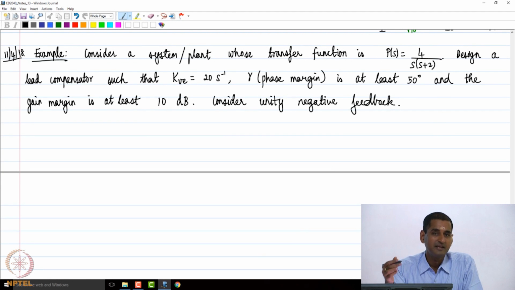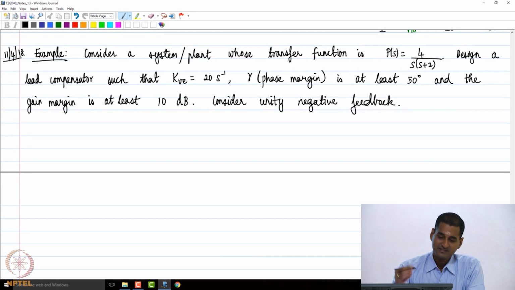Here KVE is the static velocity error constant. We will define that once again. It tells us the magnitude of the steady state errors when we give a step input or a ramp input and so on. That is something we would use for our design process.